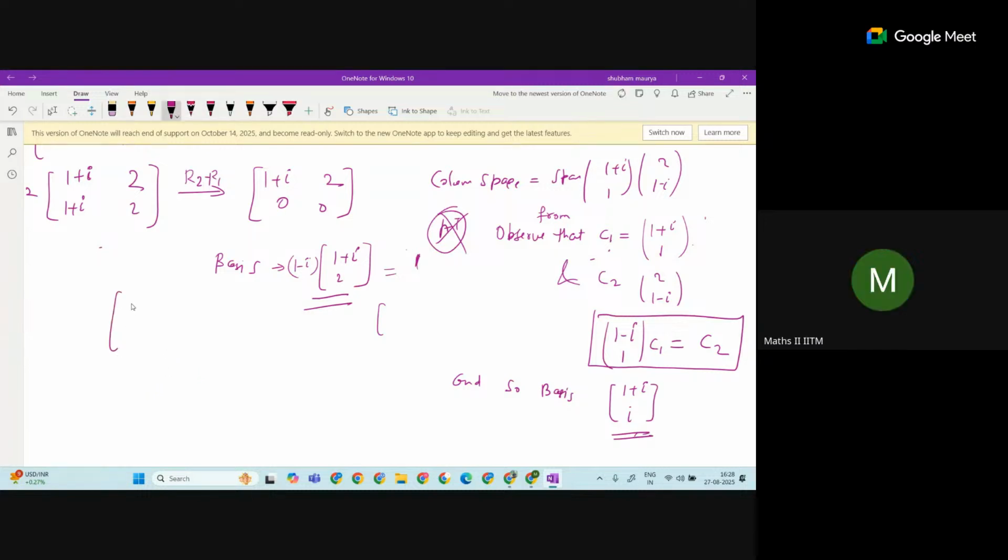So what you are saying is 1 and 1 minus i, right? You are saying this is the simplified basis. Yes, this is a simplified basis.